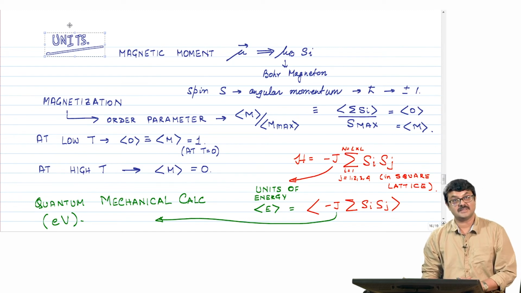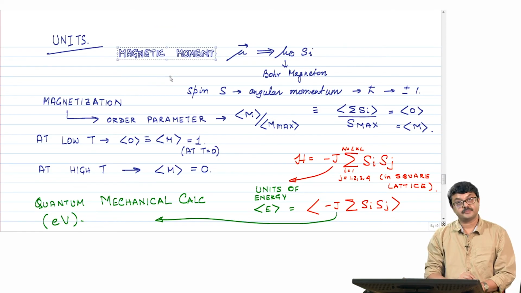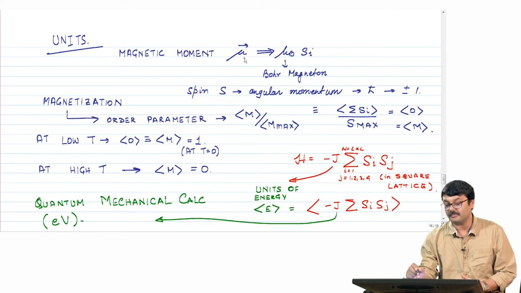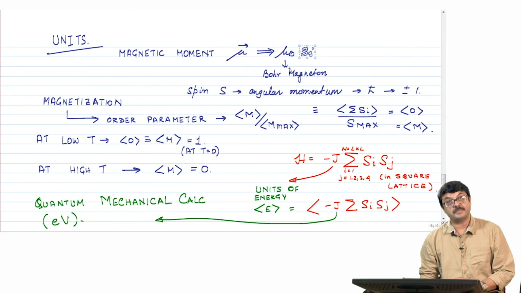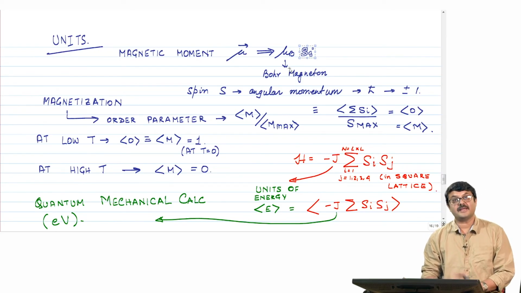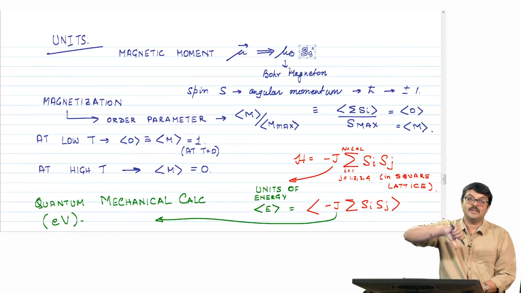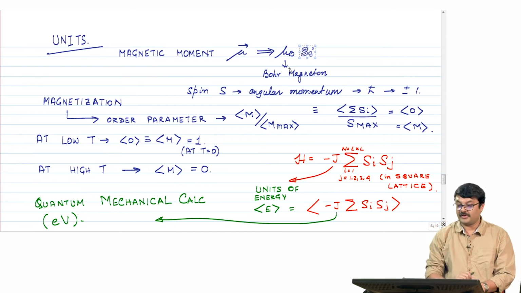So we should be looking at the magnetic moment, but we know that the magnetic moment is essentially related by the Bohr magneton to the spin of the system, right. And I have been telling you that the spin can either point up and down, and we will take its value to be plus 1 if it is pointing up and minus 1 if it is pointing down.